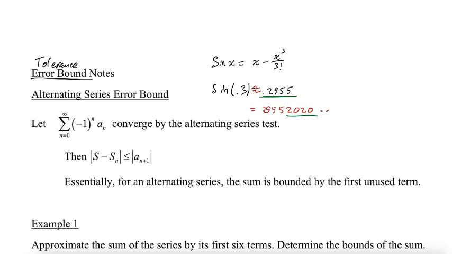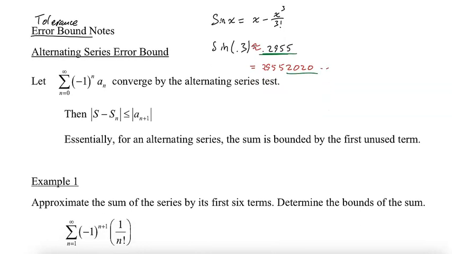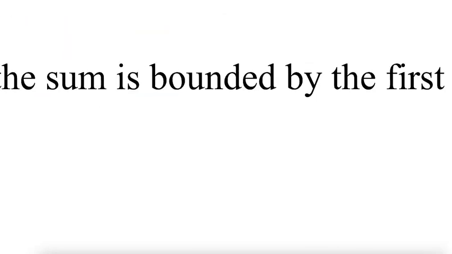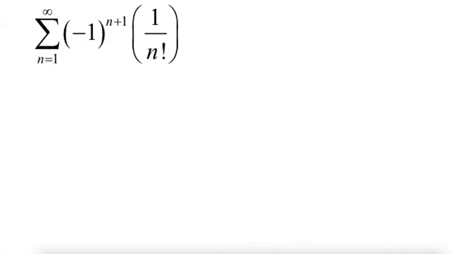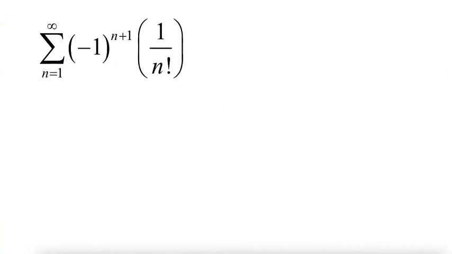So the first type of error bound that we will look at is for the alternating series. So let's say I look at my first series here, 1 over n factorial. This is alternating because I have negative 1 to the n plus 1. That tells me it is going back and forth.